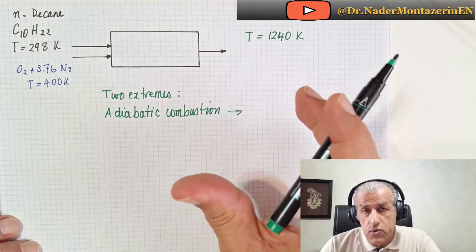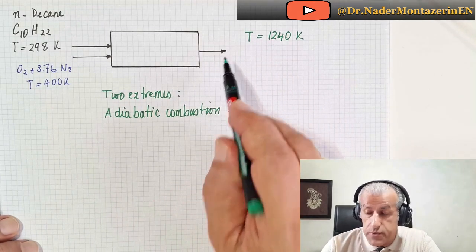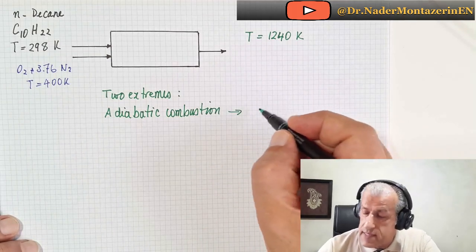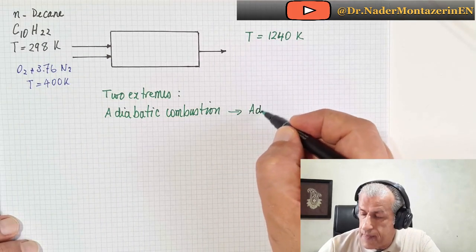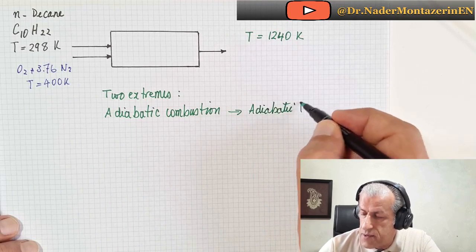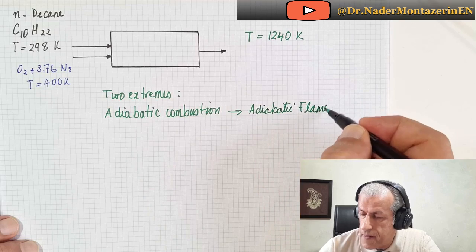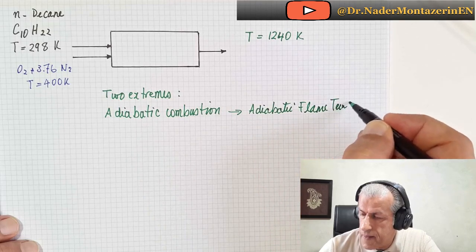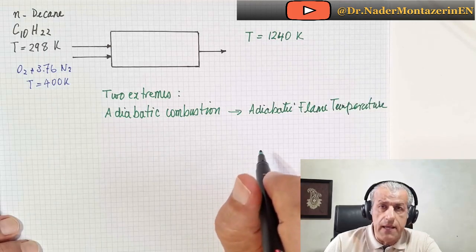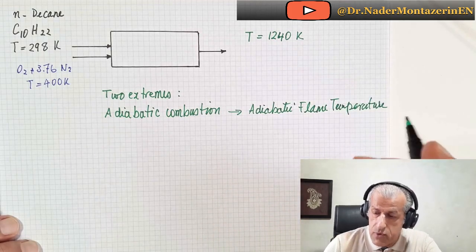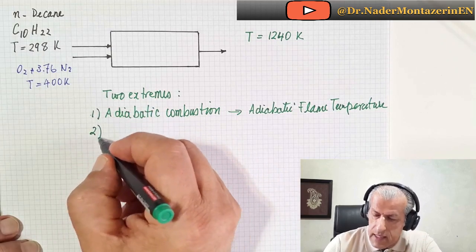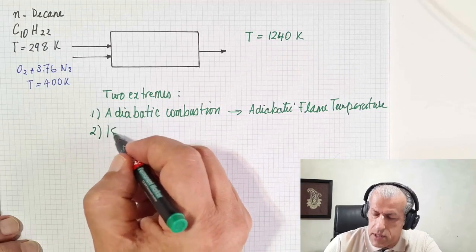All heat produced by the combustion is absorbed by the combustion products, and therefore what we get is the adiabatic flame temperature, which is the maximum temperature that combustion can produce. This is case one.